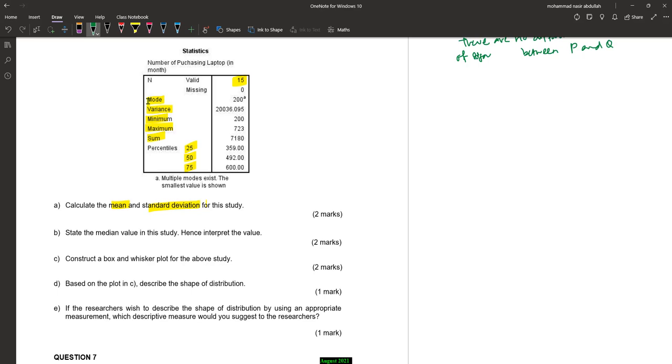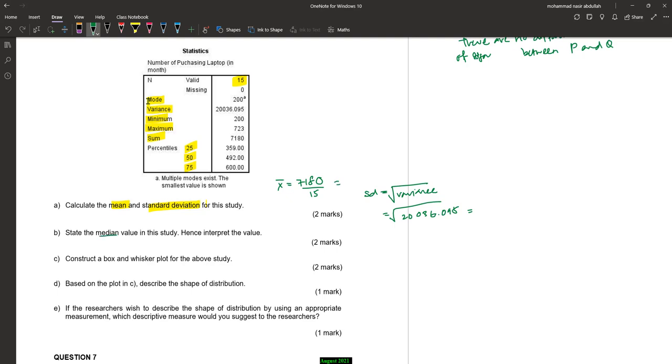Very simple: mean is equal to the summation, 7,180, divided by 15, and standard deviation SD is equal to the square root of variance, which is the square root of 20036.095. You calculate the answer yourself.